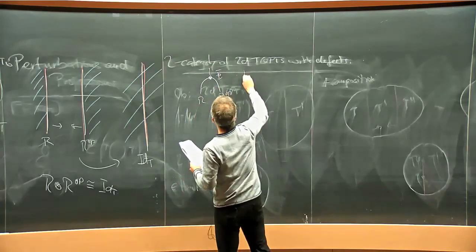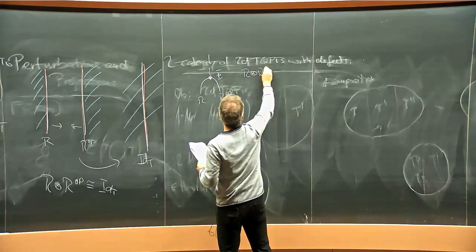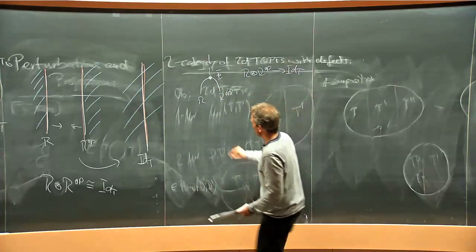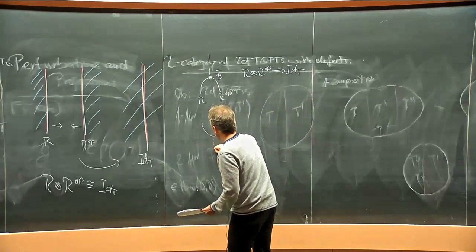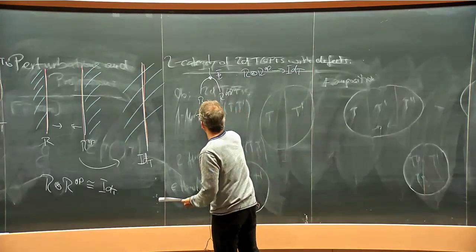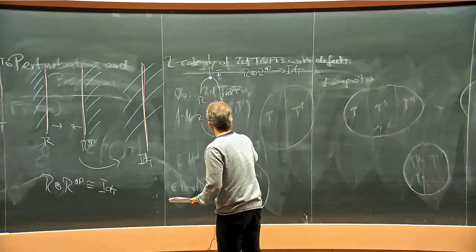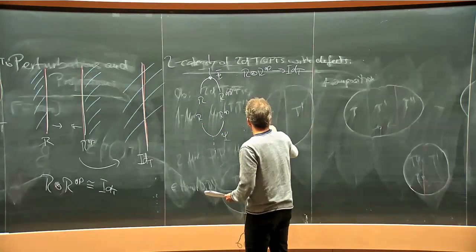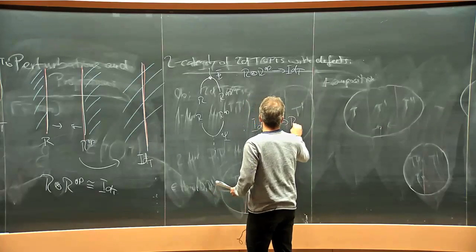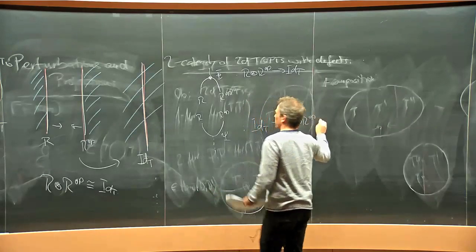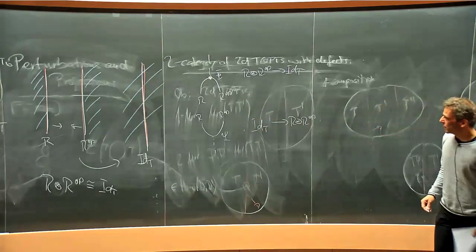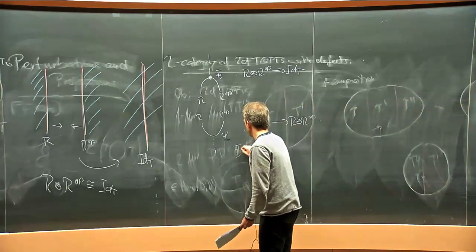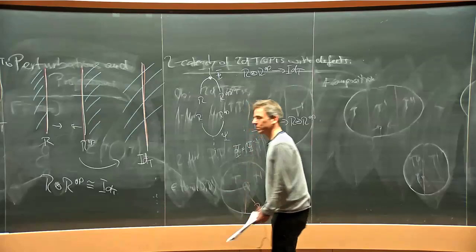So this is a map from R tensor R op to the identity of T, and you have the inverse of this, and let's call this capital psi. So this is a map from identity of T to R tensor R op. You have these maps, and they are inverse to each other, so phi is equal to psi inverse.